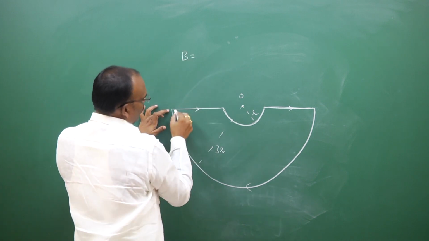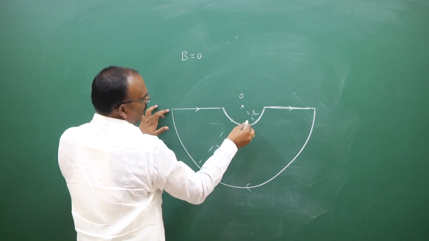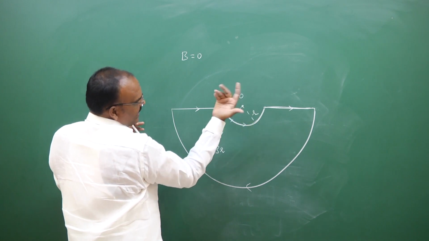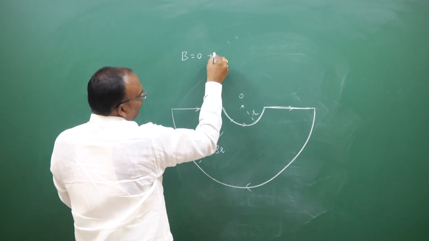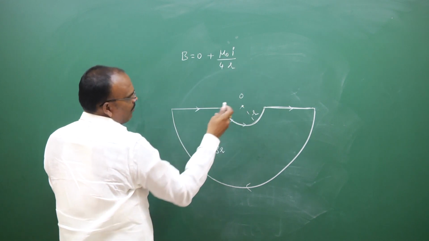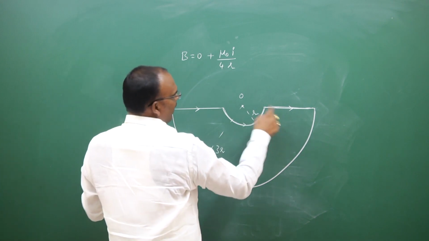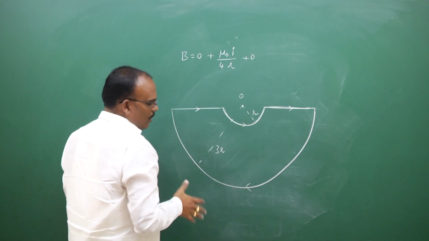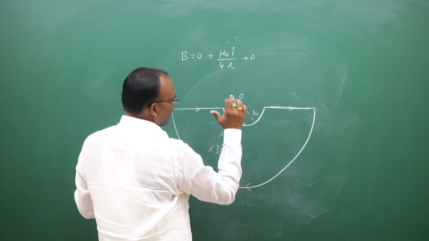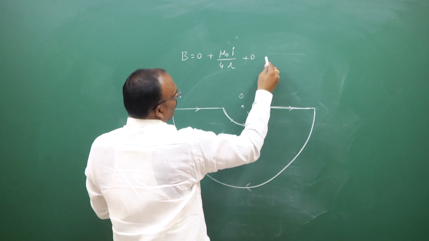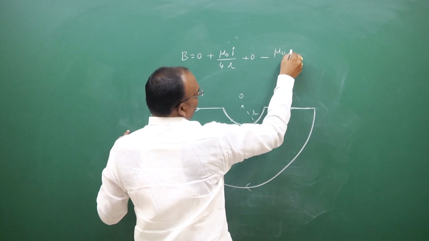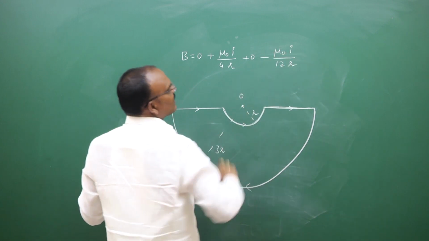Magnetic field B is equal to, due to this is 0. Okay, due to this, actually current is flowing like this. Field here is into, that means here out. Out magnetic field. So that is mu naught I by 4r. We have calculated this number of times. This straight conductor is again 0. But you see this one, here field is into the board, here it is into the board. So that's why here I am going to take minus. That we got mu naught I by 12r in the previous problem.